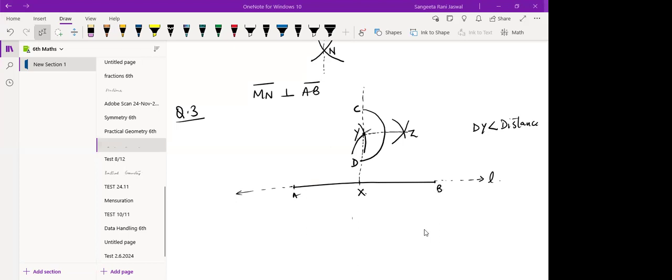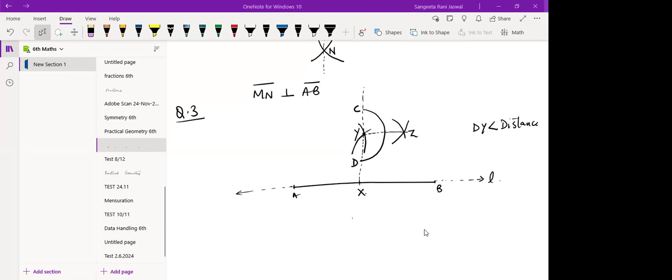So this is what was asked in the question, right? Can you write the steps of construction now? What did we do first? We made a line L out of which we took a line segment AB. We marked the point X on it. Class time is over, I'm just telling you the points so that you can write them.